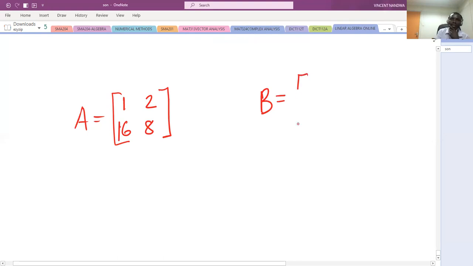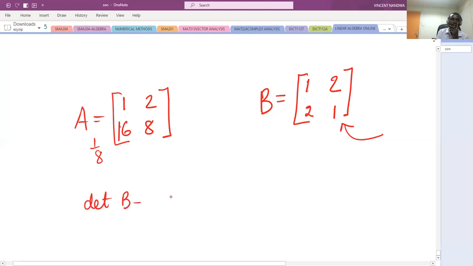If I have B as 1, 2, and then 2, 1, you see this row here is obtained by simply multiplying this one by 1 over 8. So determinant of B is the same as 1 over 8 determinant of A.